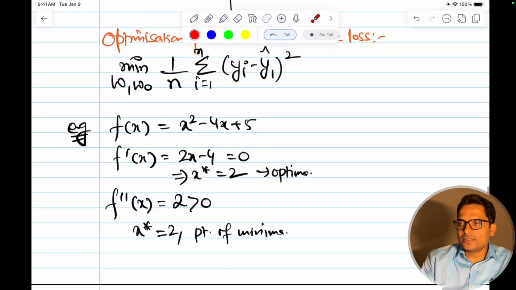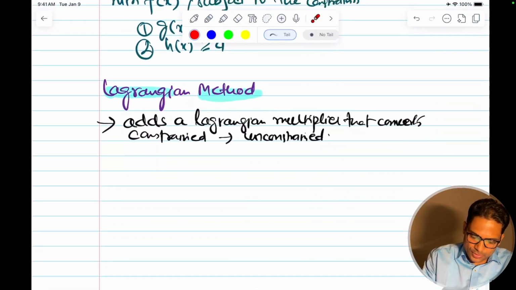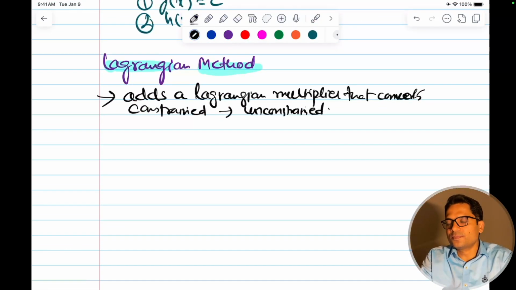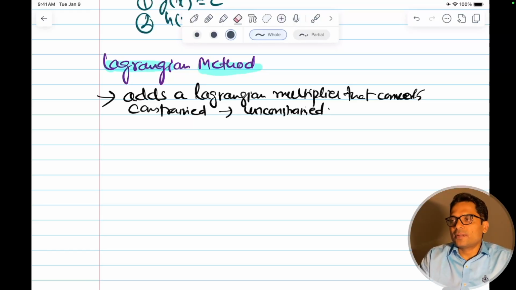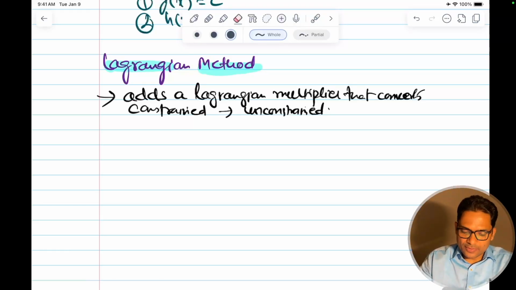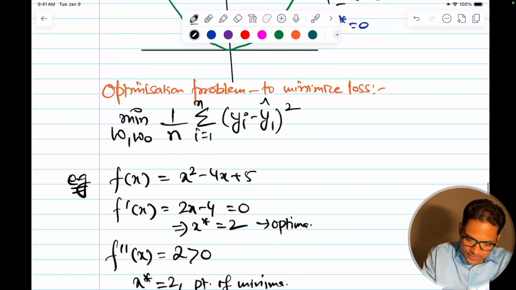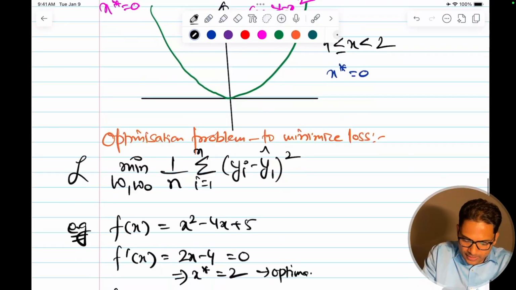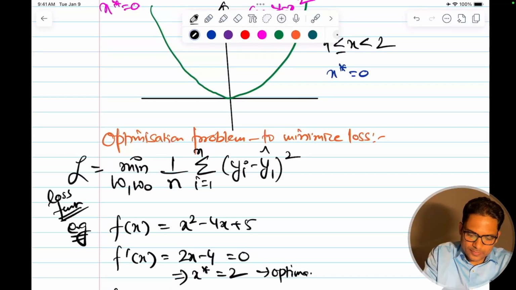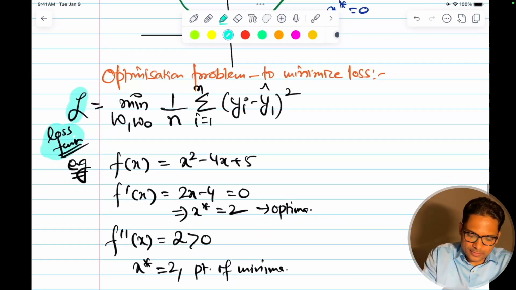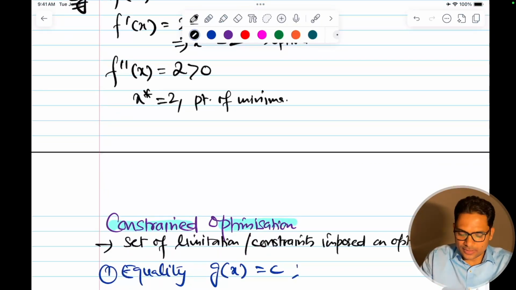So let me show you an example. After I've converted this using a Lagrangian multiplier, my loss function is given by capital L. This L is used in different terms in different ways.